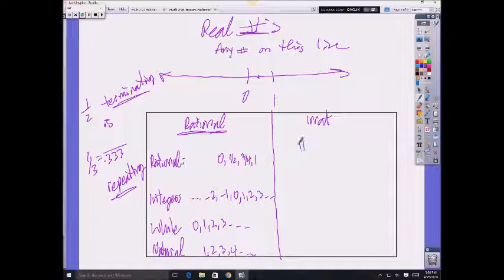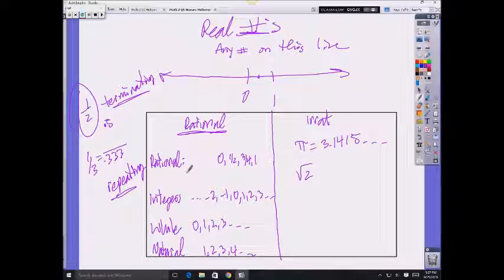Now, irrational are numbers that we really have a hard time trying to explain. They are numbers if you try to change them to a decimal. So we deal with this, 1/2 is a perfect exact quantity. If you try to approximate it to a decimal equivalent, anytime you try and change something to a decimal, that's a bad idea.